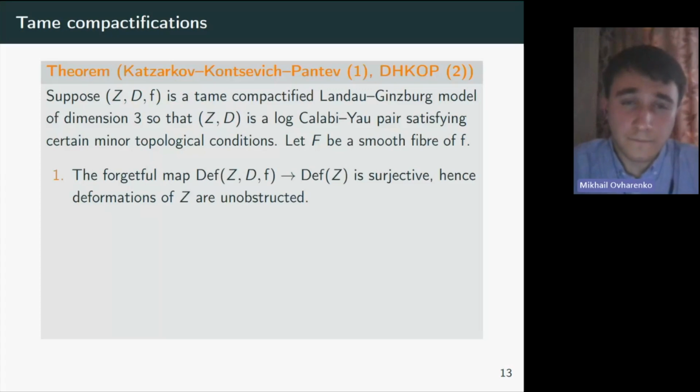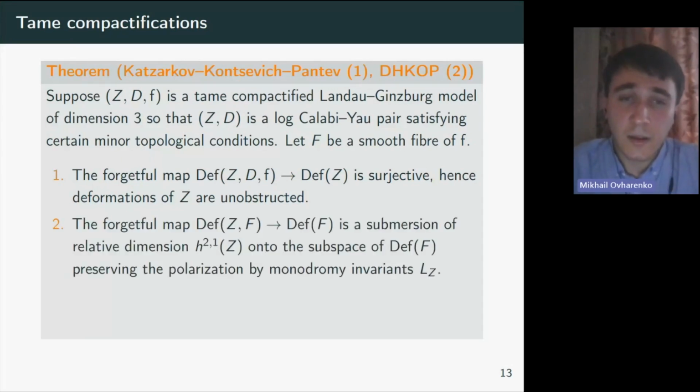First of all, the forgetful map of the space of deformations of the tame compactified Landau-Ginzburg model to the deformation space of Z itself is surjective, and as a consequence, the deformations of our variety Z are unobstructed, but it is actually after Katzarkov, Kontsevich, and Pantev.